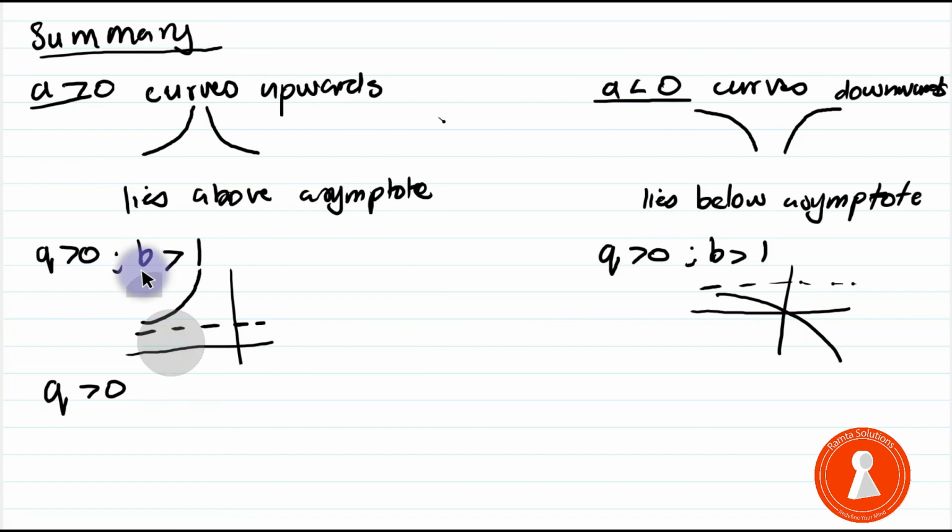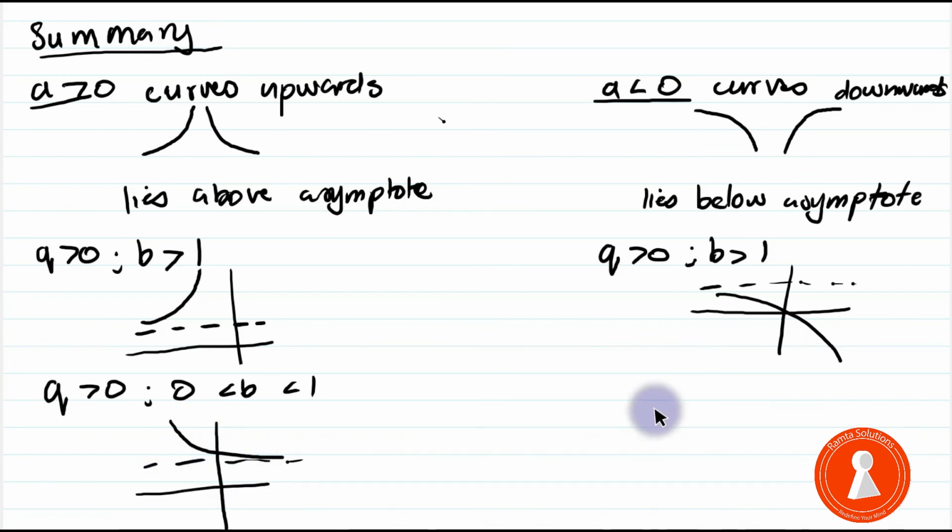Now let's look at when Q is negative. When Q is negative and B is greater than 0 but less than 1, what are we looking at? So here it'll be like this. So it shouldn't matter. Q doesn't have much of an effect, so B is greater than 0 but less than 1.